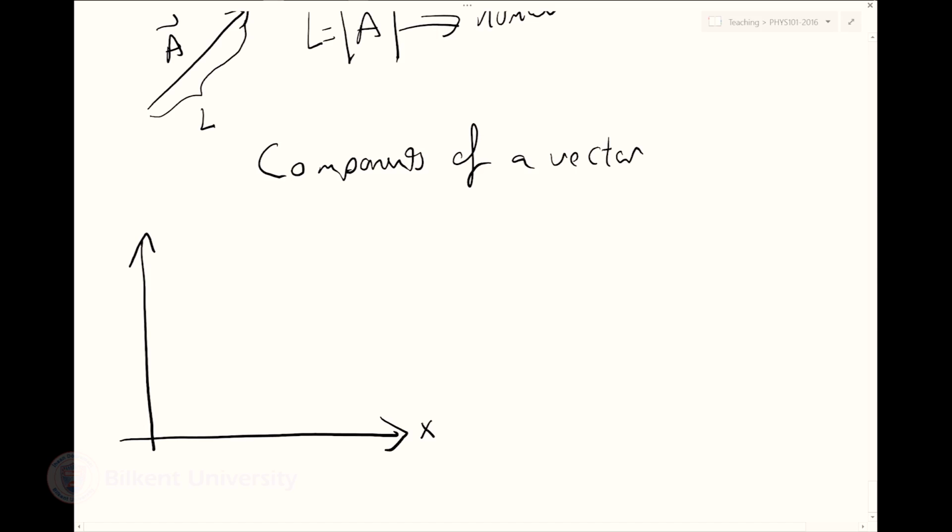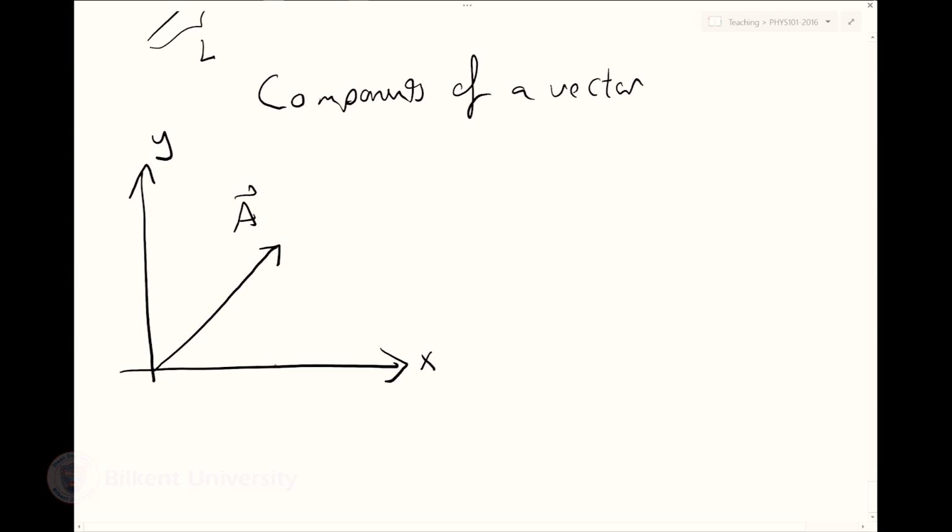So I'll actually do this in 2 dimensions now. Let's say this is my vector A. How can I represent this vector? Instead of telling you an abstract quantity with an arrow on it, I can much better tell you how to get to the tip.